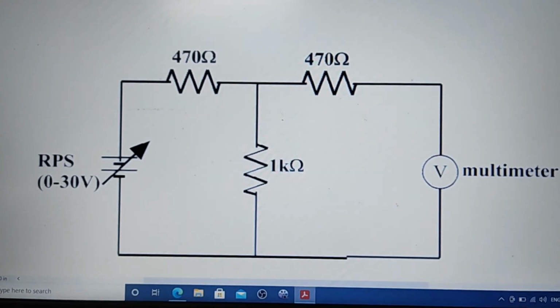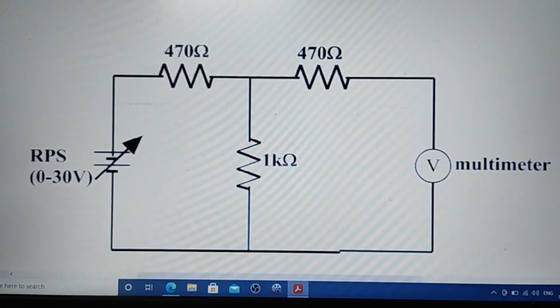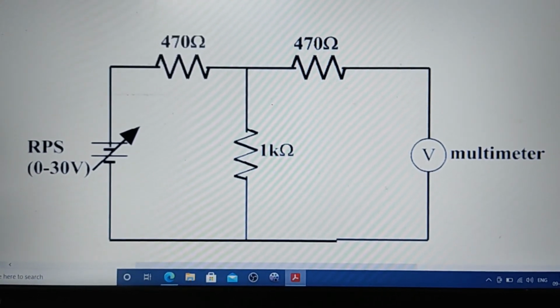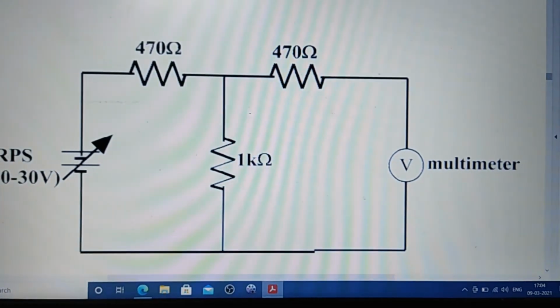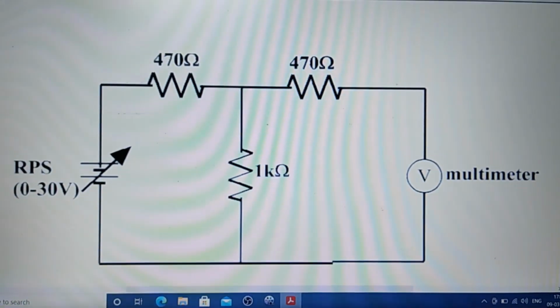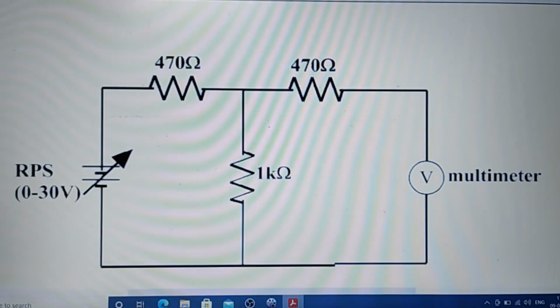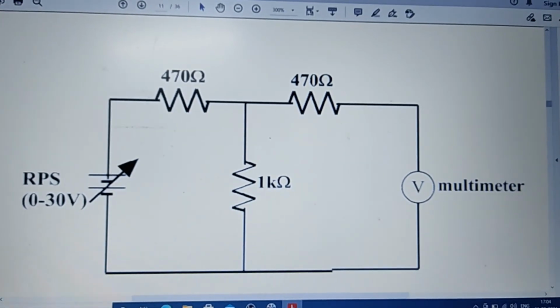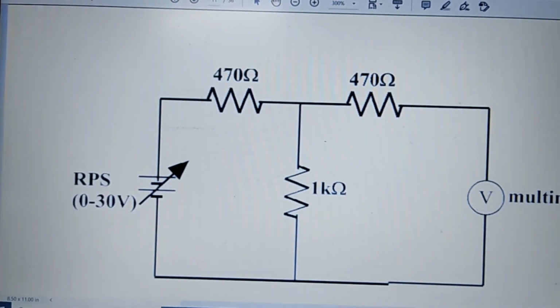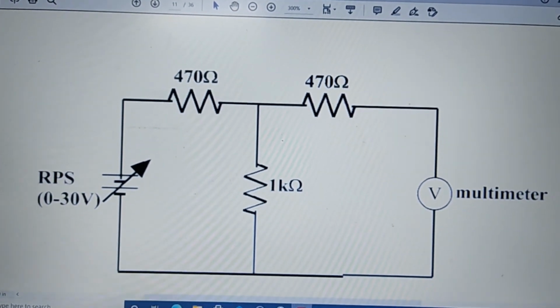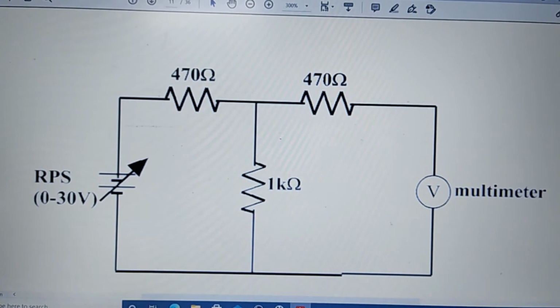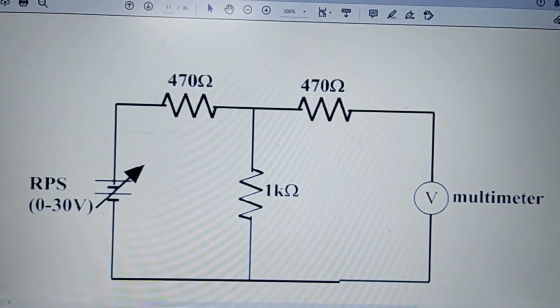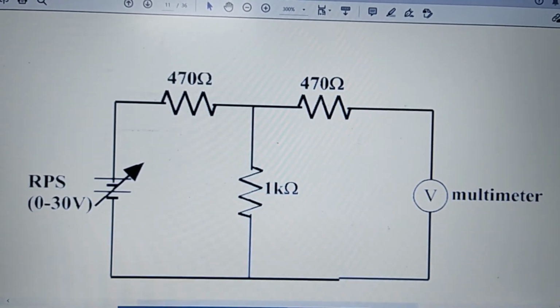So this is the circuit diagram to measure the open circuit voltage across the load. In order to measure the open circuit voltage, we are removing the load resistance and connecting a voltmeter across the load terminal.